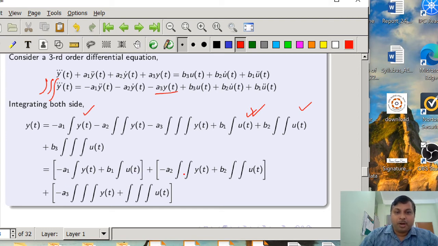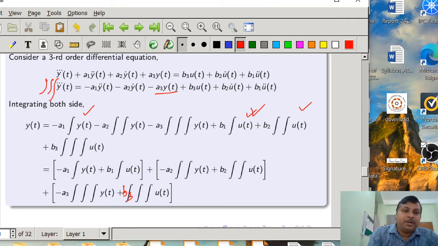Then the same quantities y(t) and u(t) are multiplied with different coefficients, minus a2 and b2, and have to be integrated two times. And the same variables y(t) and u(t) have to be integrated three times, multiplied with minus a3. And here I think I have missed one term, that is, here it will be b3.